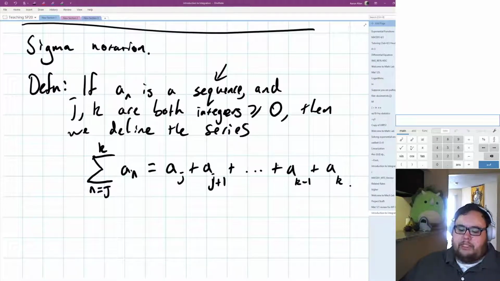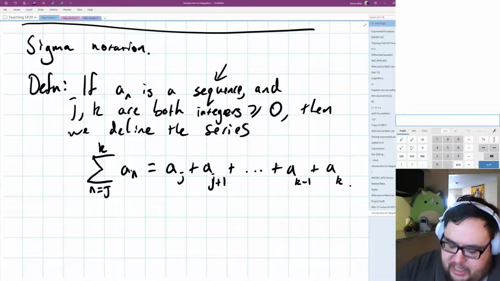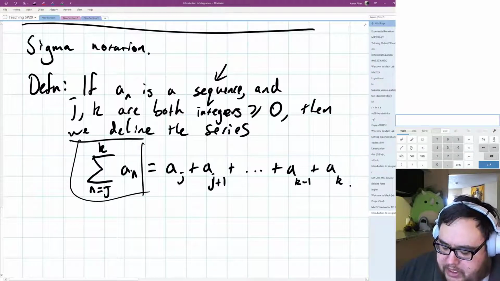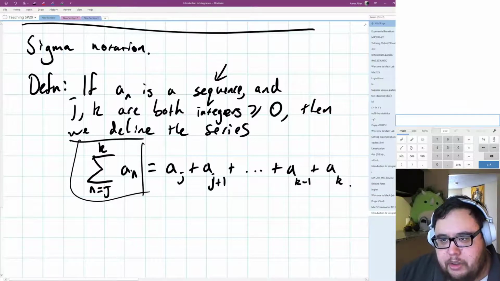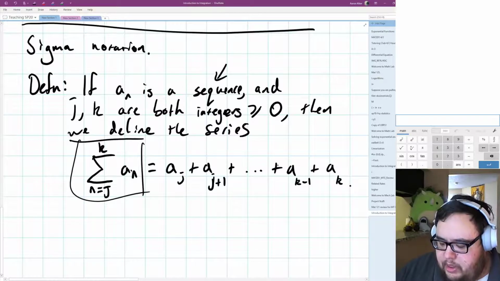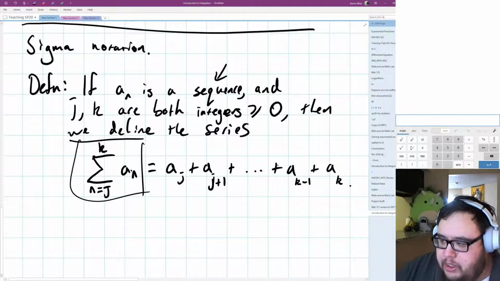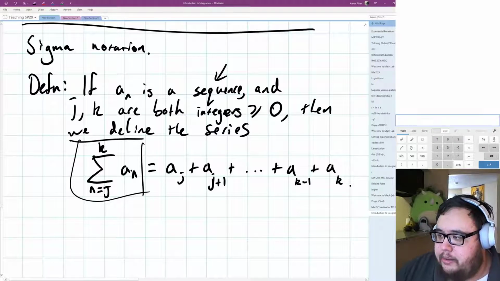But basically what this is saying is that this notation here with the sum means that we're going to add up all of the terms of a sequence, all of the numbers that live in that list of numbers, between whatever j is and whatever k is.